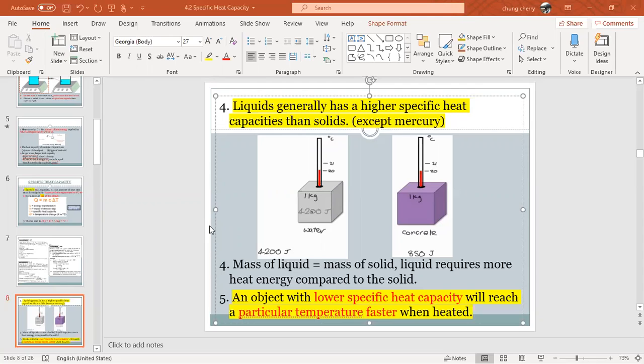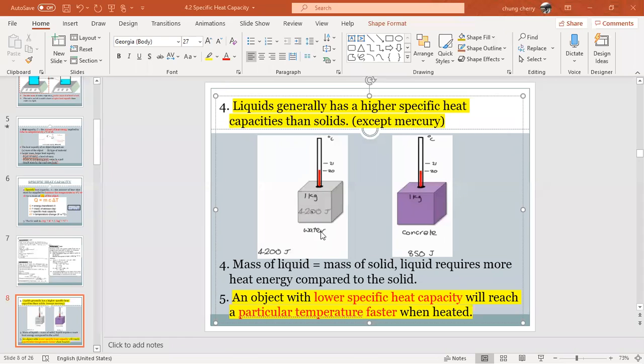Okay, so if you compare a specific heat capacity for a solid and a liquid, generally liquid will have a higher specific heat capacity than solid. So which is why you see the diagram below. If you heat up the same mass of water and the same mass of concrete, water is representing the liquid, concrete is representing the solid.